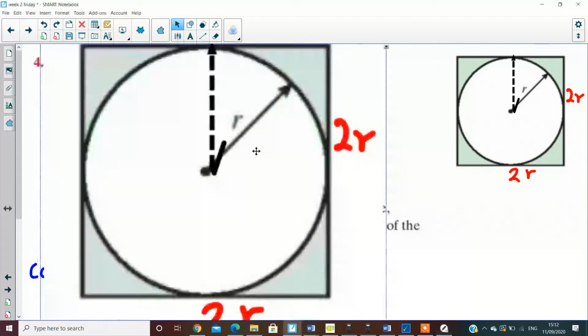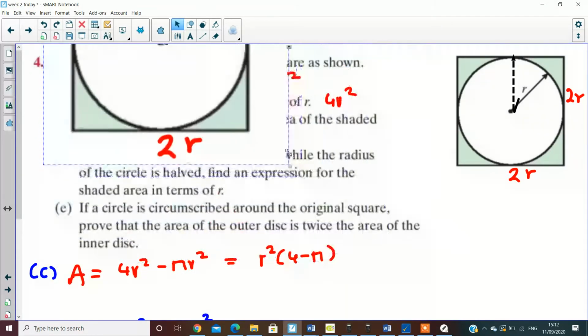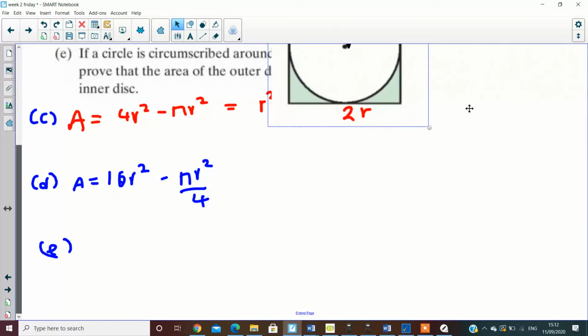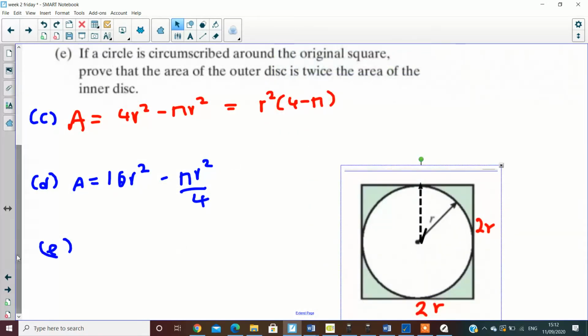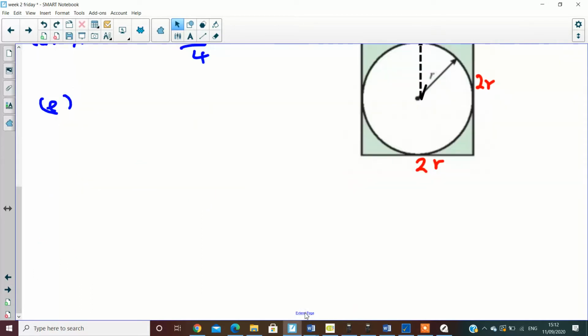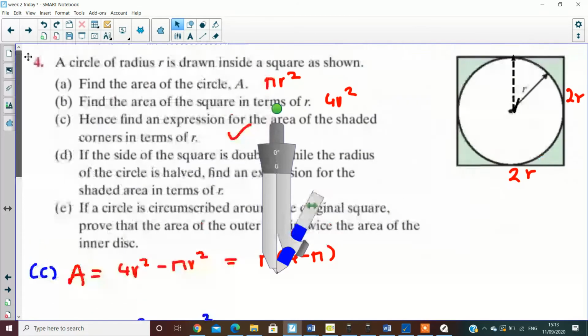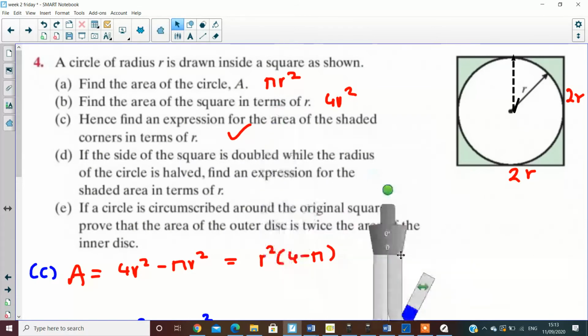Oh dear, that's a bit on the large side. All right, I'm going to bring this down here. Now, if you're asked to circumscribe the square, what does circumscribe mean? If you're doing your leaving cert, you would actually have to use a compass to do this.